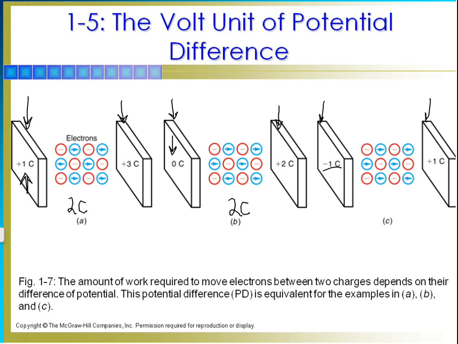Over here, heavy on protons, plus 1C of charge. Still, the result is a 2C difference in charge. So, it is actually kind of transparent to us because all we're concerned with is the fact that each of these has got a difference of 2C charge. 2C of potential difference.